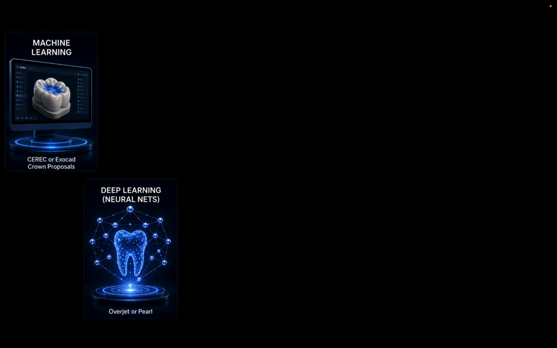If you've used Overjet or Pearl, you've used something that uses deep learning or neural nets. Basically, you feed the AI some data, you reward it when it does something right, and say bad job when it does something wrong. Over time, the AI begins to learn patterns and can detect things as well.